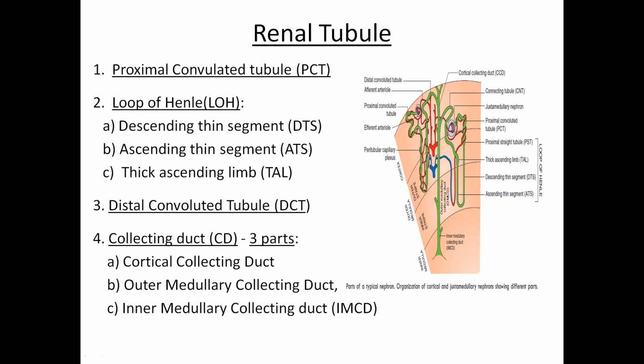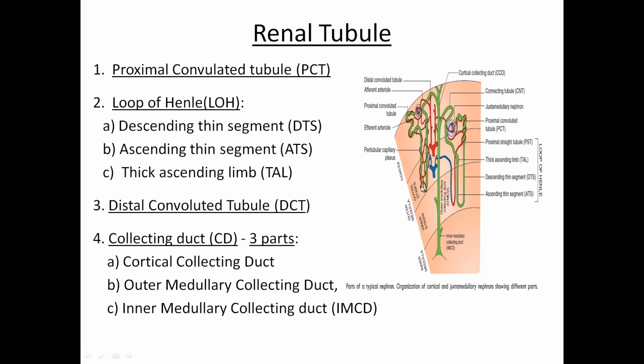Then we have the intermediate tubule, or what we commonly call the loop of Henle. The loop of Henle has three parts. One is your descending thin limb, which I've referred to as DTS.